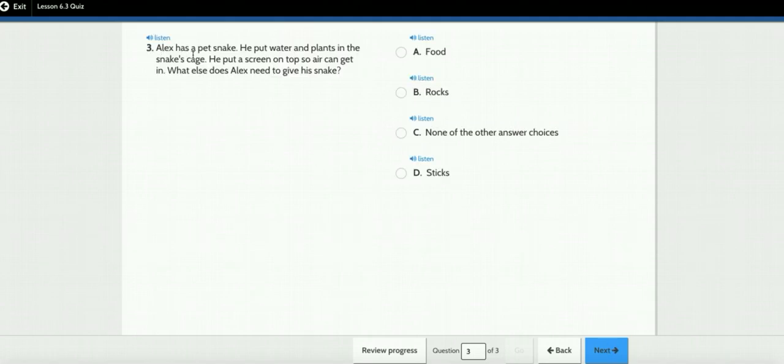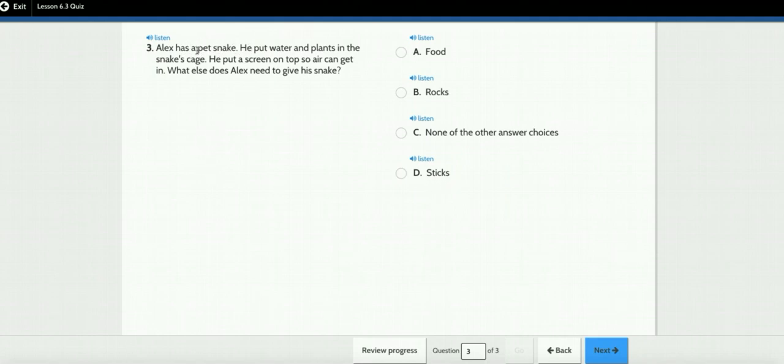Alex has a pet snake. He put water and plants in the snake's cage. He put a screen on top so air can get in. What else does Alex need to give his snake? Food, rocks, none of the other answer choices, sticks.